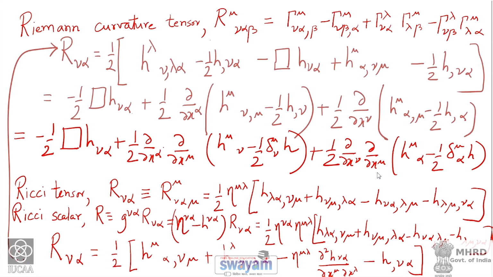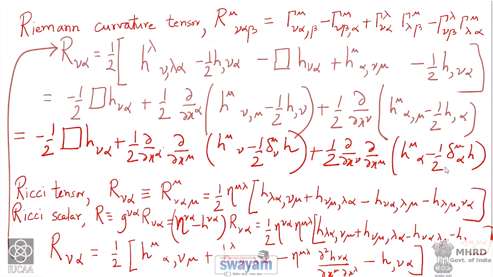I can demand a coordinate system where del by del x mu of h mu nu minus half delta mu nu h is 0. Such a coordinate system is called harmonic coordinates, and therefore, what I am demanding is a coordinate system where the harmonic gauge condition is satisfied, which is del by del x mu of this quantity is 0.